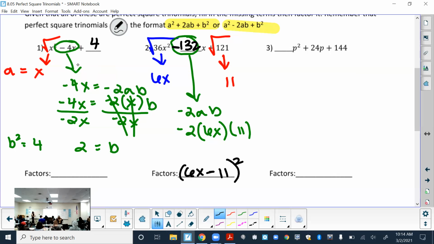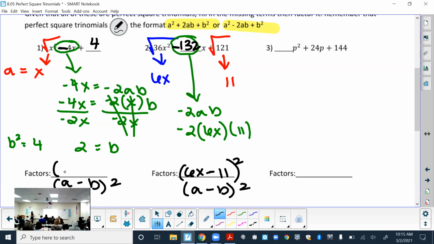One second. So then class for number 1, what would the factors be for number 1? If you have the answer, hold it for a second, let everyone think about it. So this over here follows the a minus b squared. Since this is negative, this will also follow the a minus b squared.